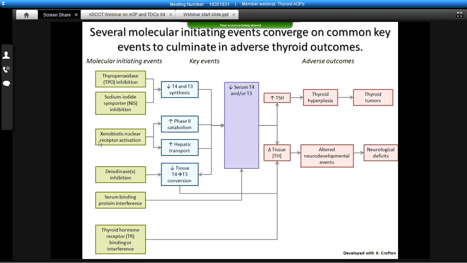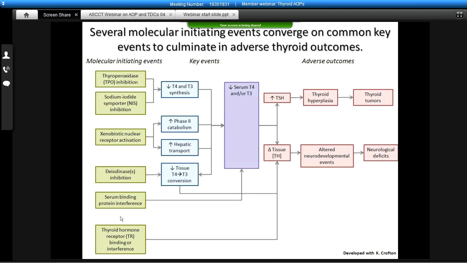Other molecular initiating events in other target tissues include activation of xenobiotic nuclear receptors, inhibition of the enzyme that converts thyroxine, the prohormone, to T3 peripherally, the deiodinases, serum binding protein interference, and interference with thyroid hormone receptor binding.